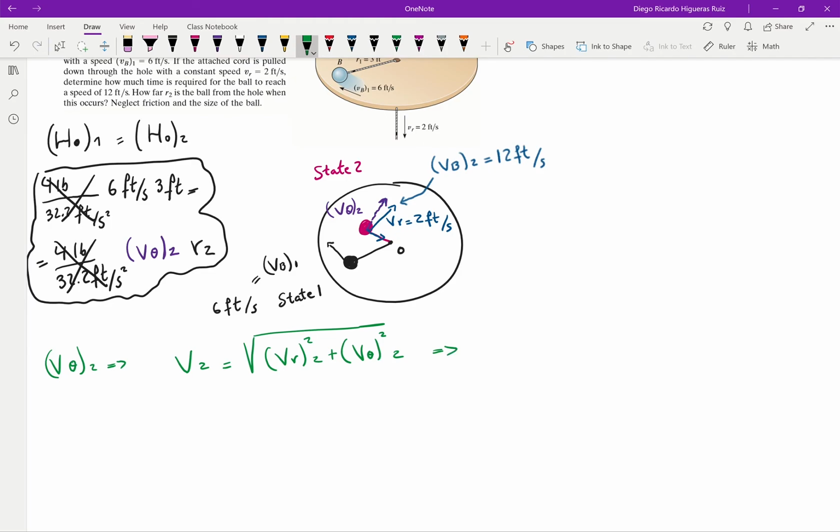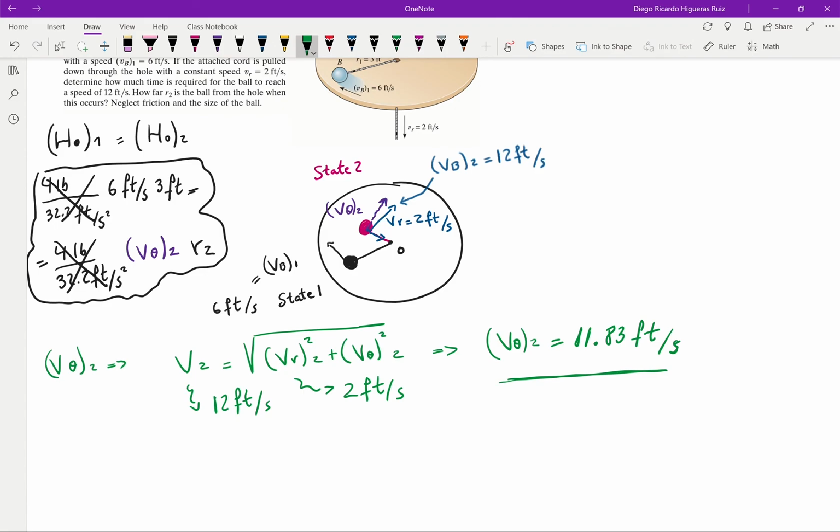So if we solve for V theta 2, because we know that this is 12 feet per second and this is 2 feet per second, we get V theta 2 equal to 11.83 feet per second.